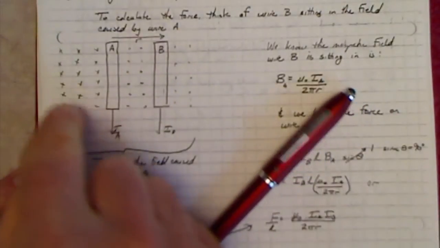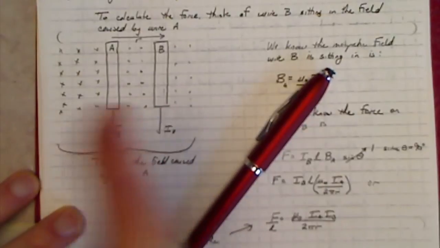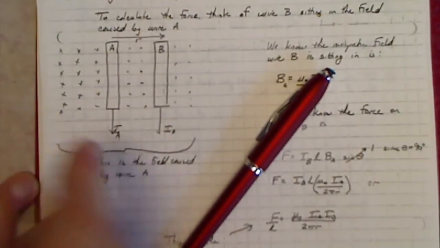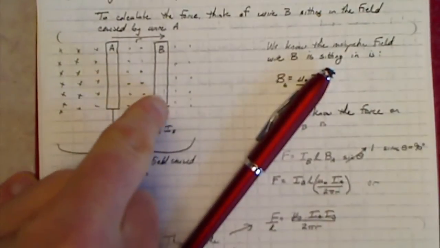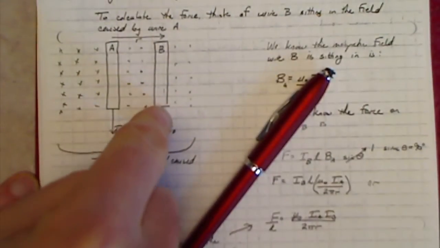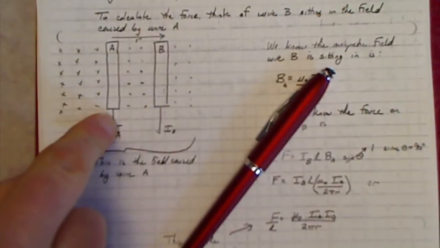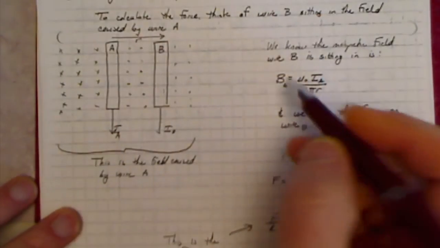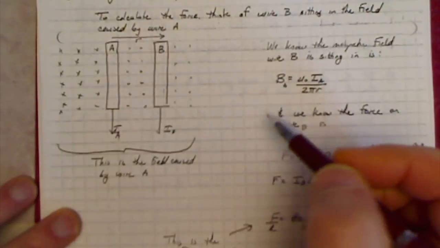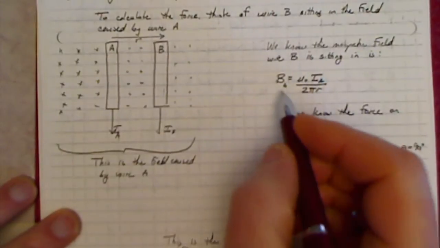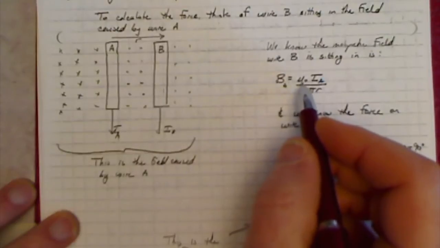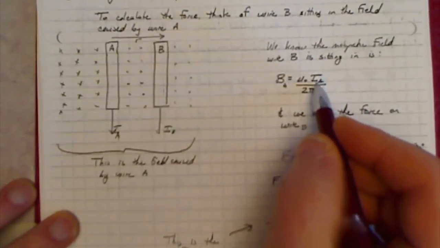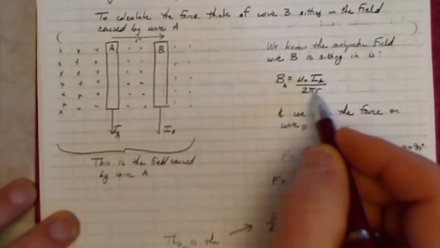So, wire A: the magnetic field's coming out of the page on this side and into the page there. So I've got a magnetic field coming out of the page here, and wire B is sitting in that magnetic field, which is being generated by wire A. Well, one thing we know is that the magnetic field caused by A is going to be equal to the constant times the current of A divided by 2 pi r.